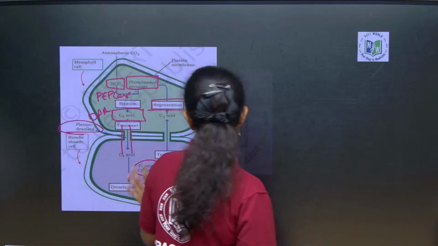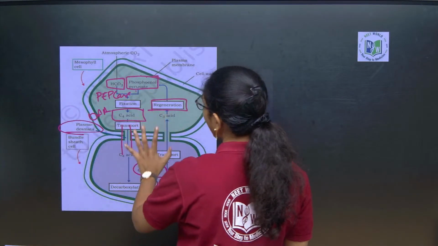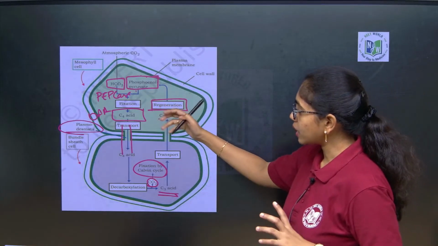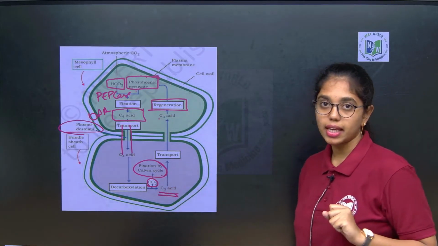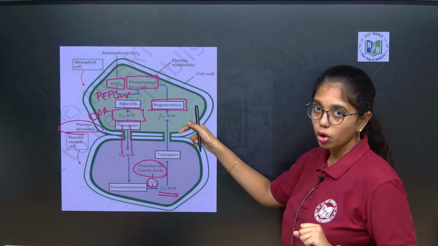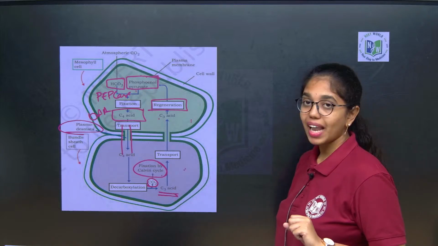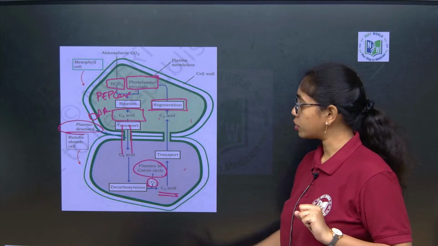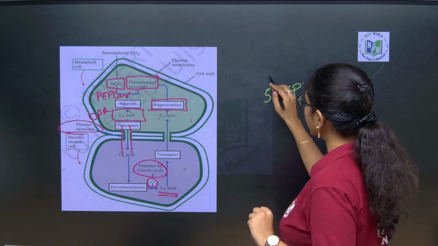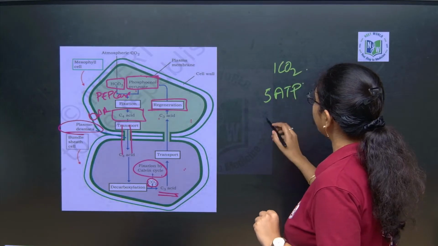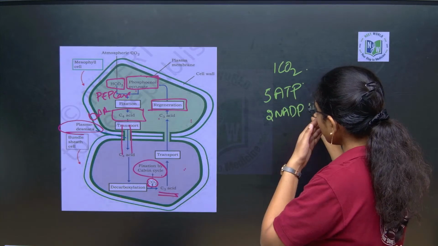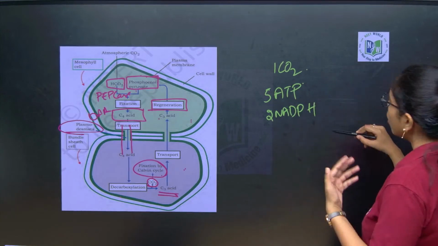So, this is the complete diagrammatic view. You have to remember each and every process here. C4 cycle takes place in the mesophyll cell, C3 cycle takes place in the bundle sheath cell. Mesophyll cells have granal chloroplasts, bundle sheath cells will have agranal chloroplasts. If you look into the total energy, that is 5 ATP and 2 NADPH required for 1 carbon dioxide.